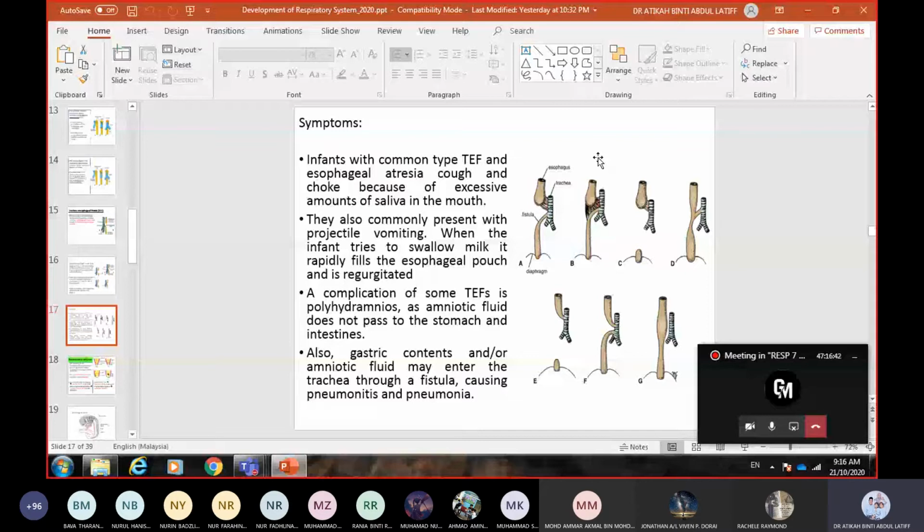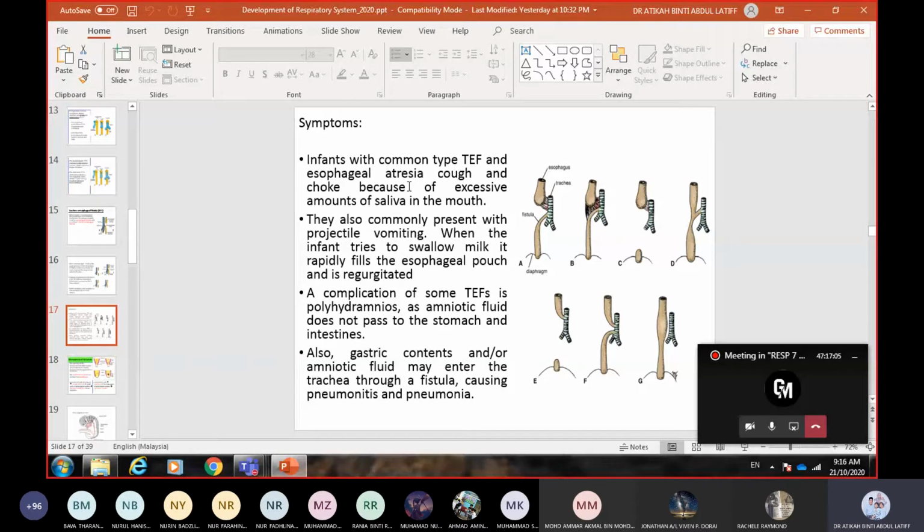Okay, and polyhydramnios is basically in the development stage, meaning these symptoms happen when the baby is already born. Sometimes they can be born, but then the problems happen when they start feeding.